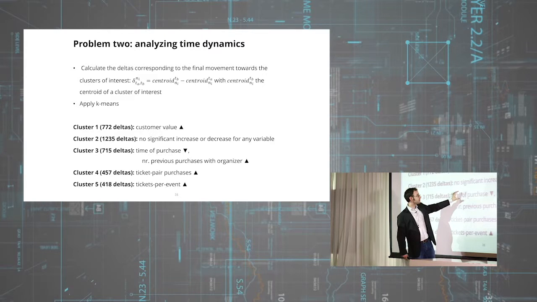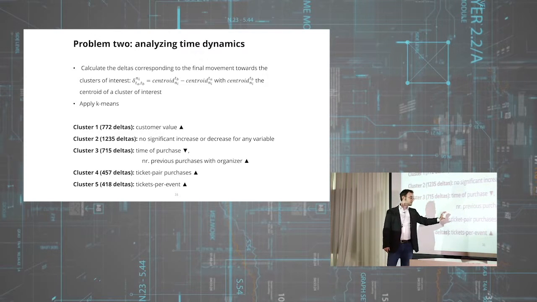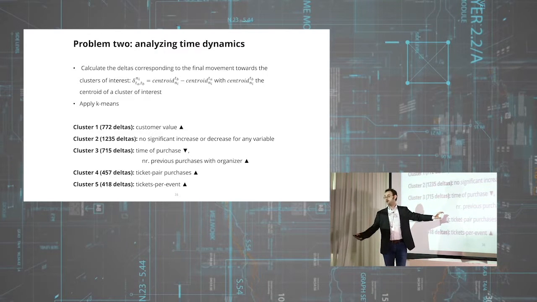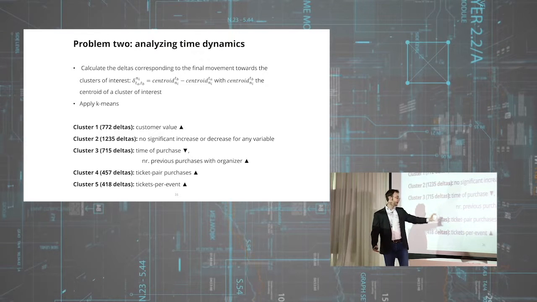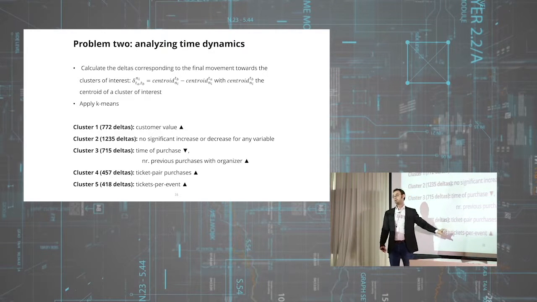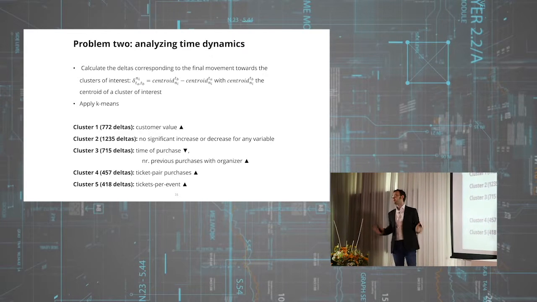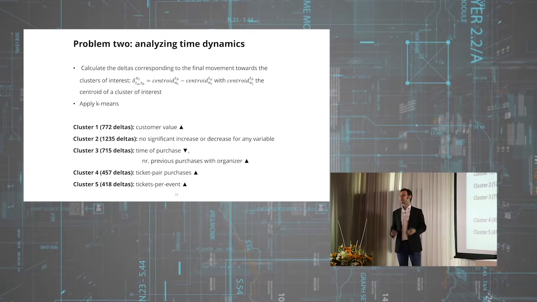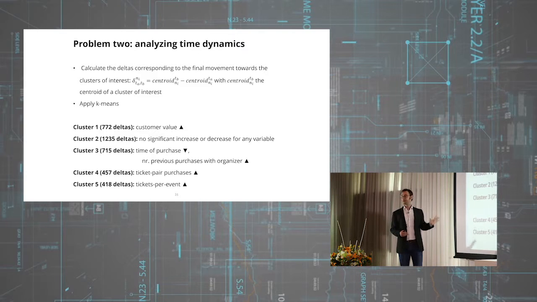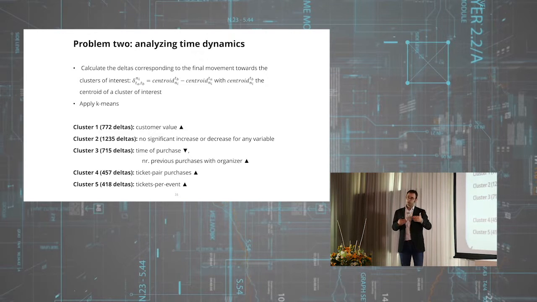The time of purchase gets lower. They buy ticket pairs, maybe for them and their partner or for them and a friend, is increasing. And they buy more tickets per event. So it's very domain specific, of course, but you can apply this on any data set basically. But it tells the business users, hey, if you see this and this and this and this in a customer, in like 1 month or 2 months from now, they will generate more value.